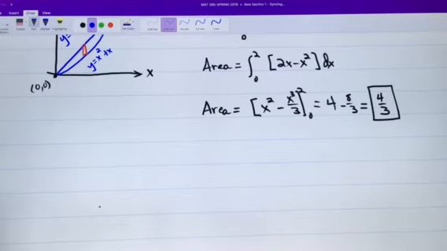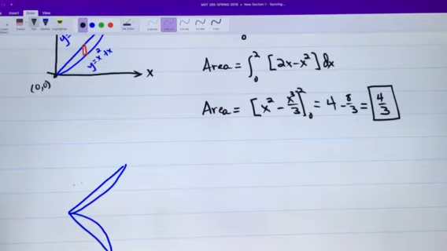So just taking what we have here, in this particular layout, we have the method of washers.